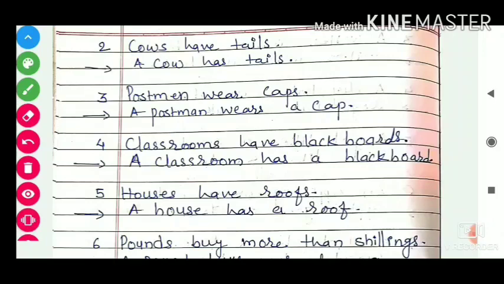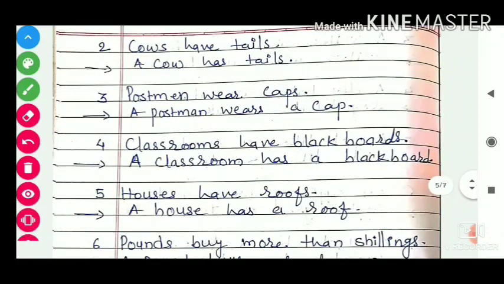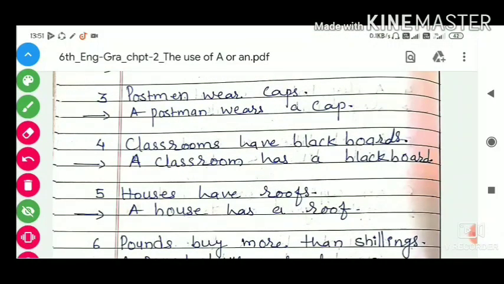Postmen wear caps. Now make a singular noun of postman, a postman. A postman wears a cap. Classrooms have blackboards. A classroom has a blackboard. Houses have roofs.